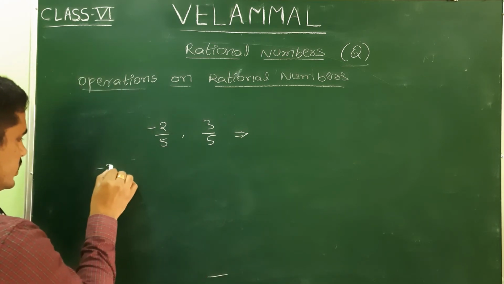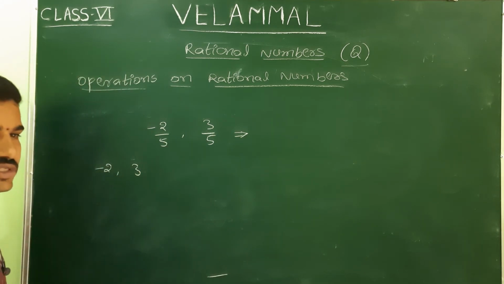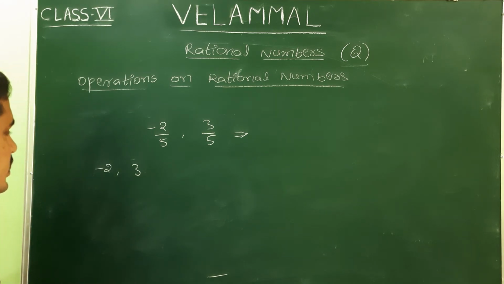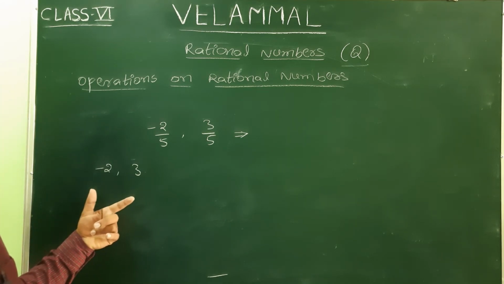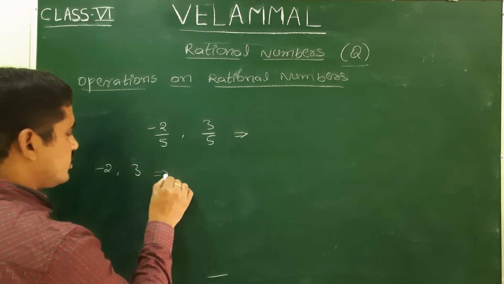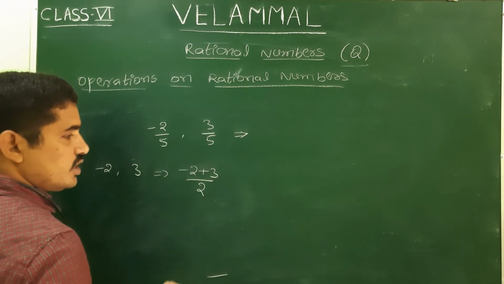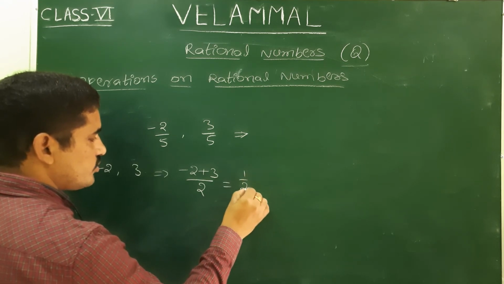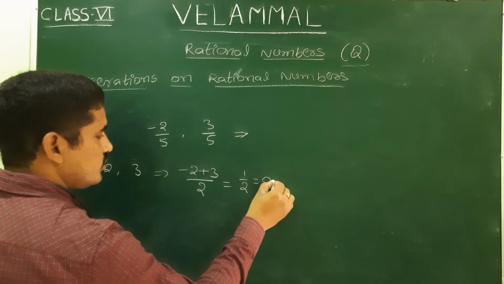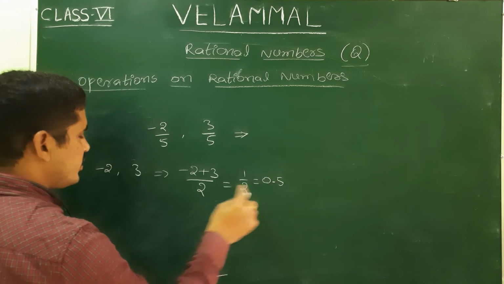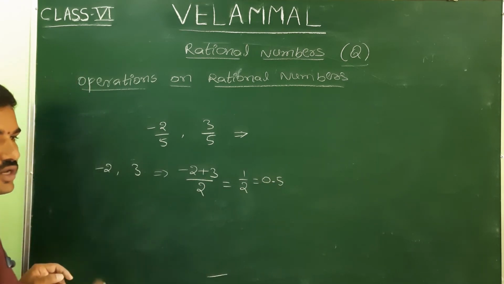For example, take minus 2 and 3 first. If we add these two, minus 2 plus 3, and divide by 2, then we will get a number. That is equal to 1 by 2, which is 0.5. 0.5 will be in between minus 2 and 3.